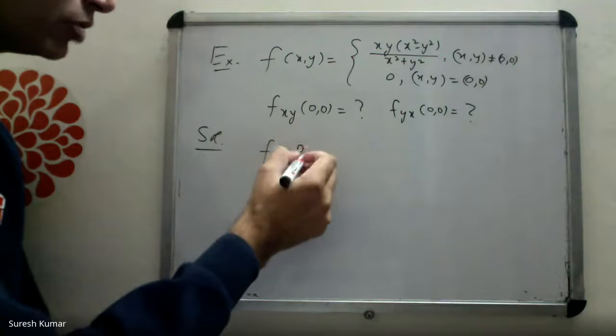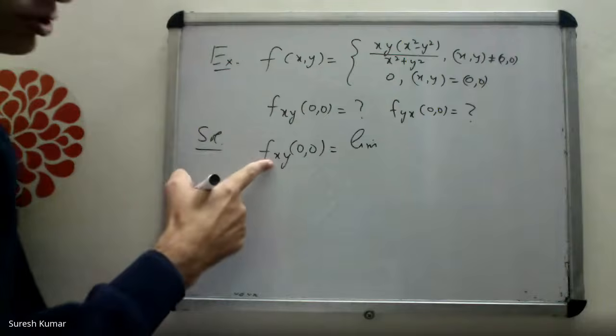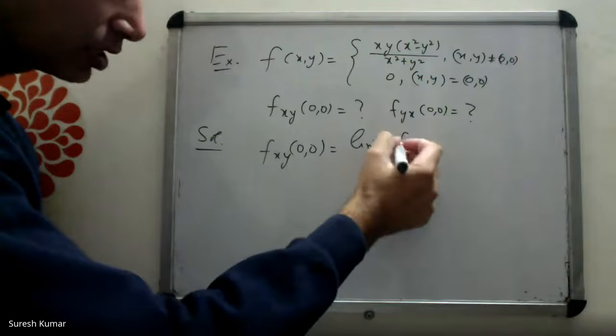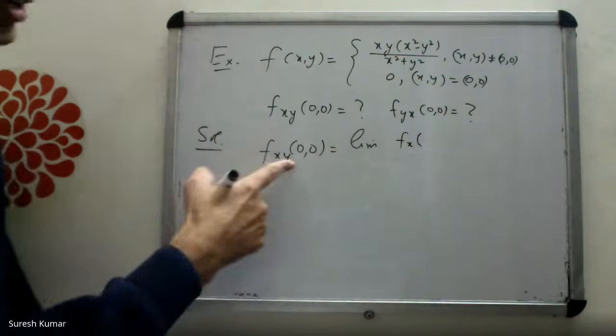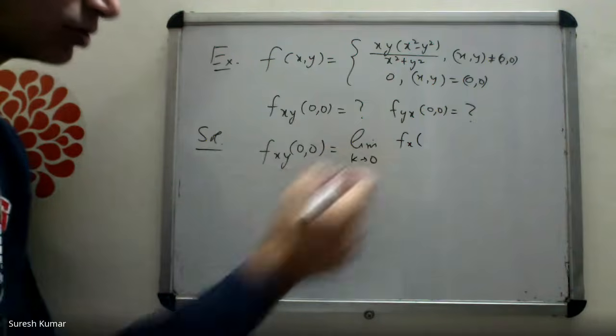Let me write it here. fxy at (0,0) means what? Limit. First you differentiate with respect to x, which means your function is fx in the limit. Then you are differentiating with respect to y, that means limit k tending to 0.